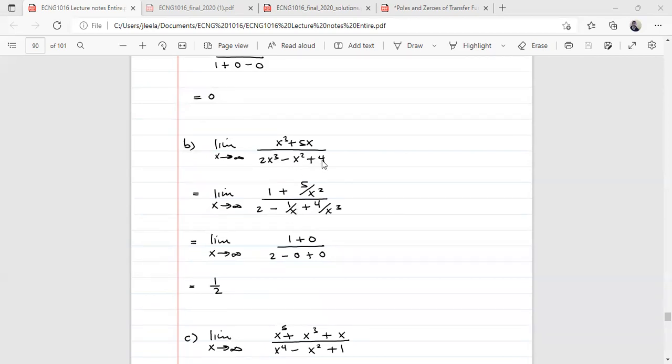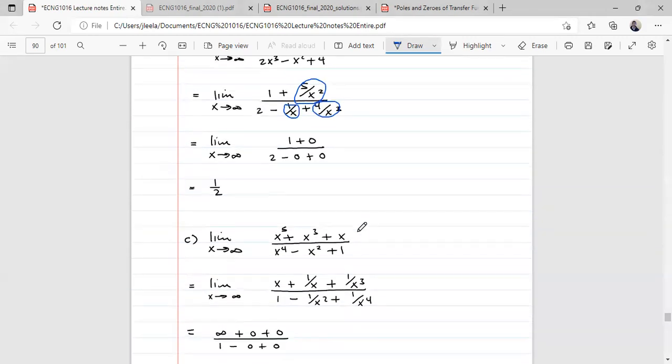And then plus 4 divided by x cubed. So this term here will approach 0 as x approaches infinity. This term here as well, and this term here as well. So you'll just get 1 plus 0 over 2 minus 0 plus 0, which is a half.